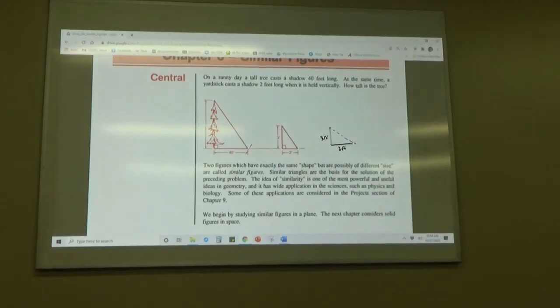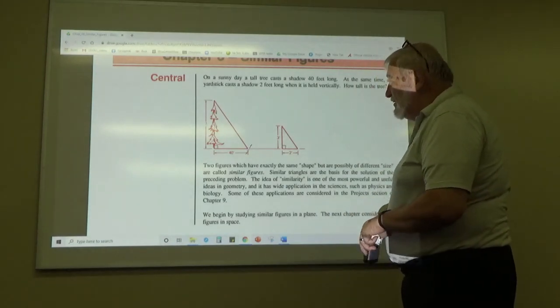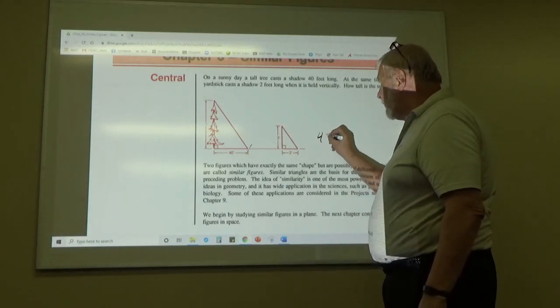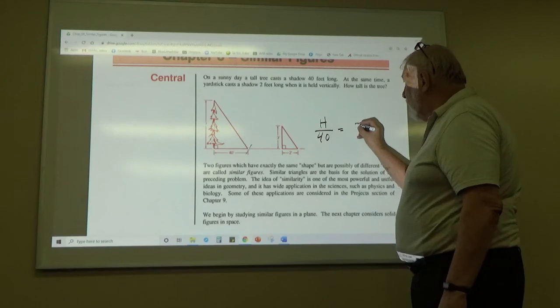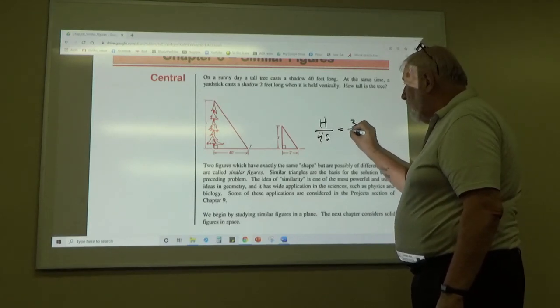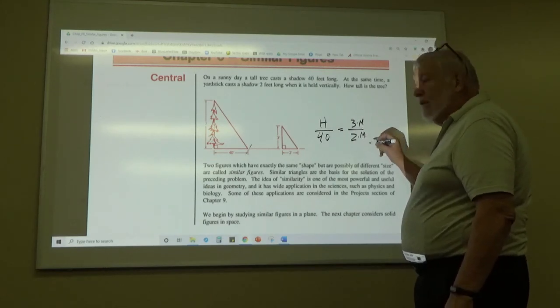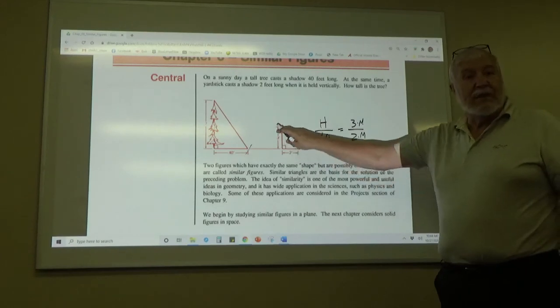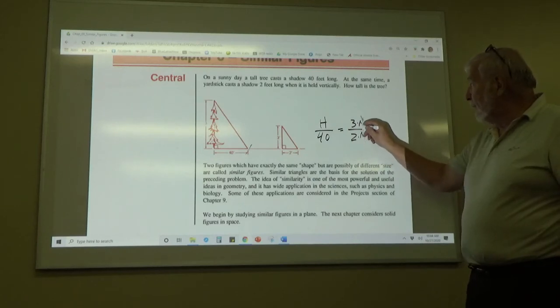However, when you make two fractions with the parts of each of the triangles, the multiplier cancels out, and we have what we commonly call proportions. And so the base of 40 in relation to the height of the big triangle will equal 3 over 2, because there's some multiplier that both of these have to be multiplied by to make it the same size as this. But those things cancel out.